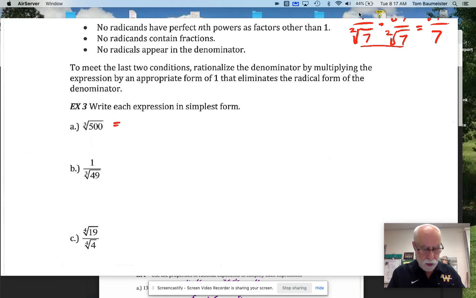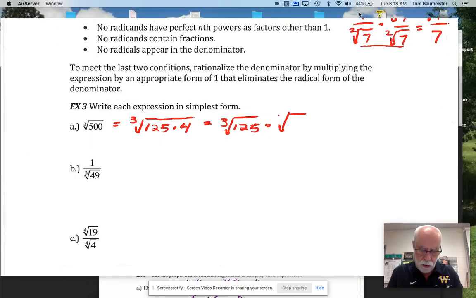Okay? So A, the cube root of 500. All right? Again, eventually you're going to start recognizing some of the powers here and the cube roots. So on this one here, I know that I can write this as the cube root of 125 times 4. The cube root of 125 times the cube root of 4.